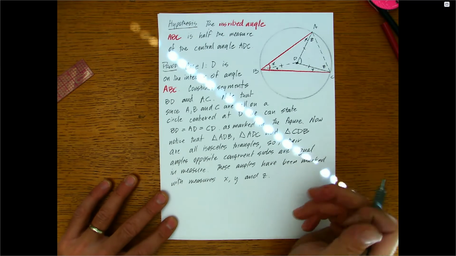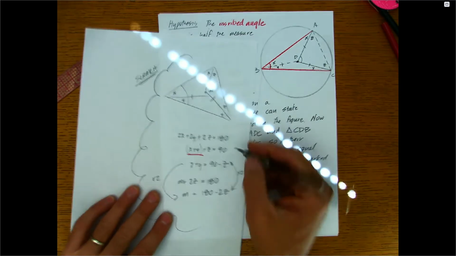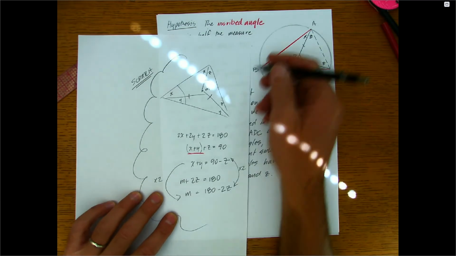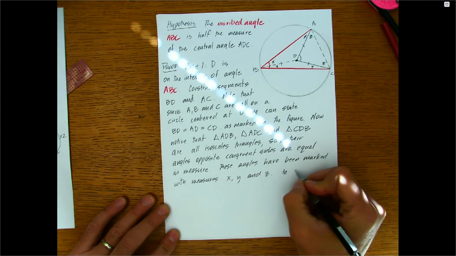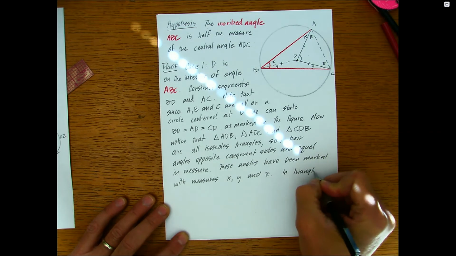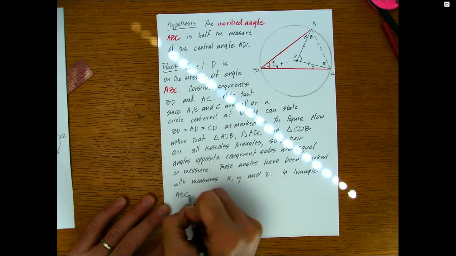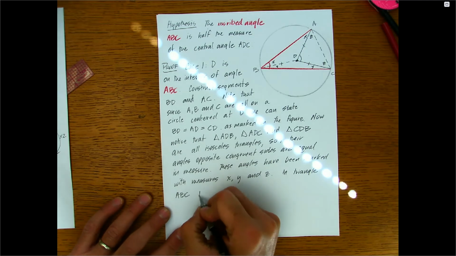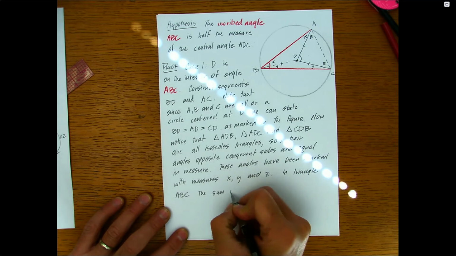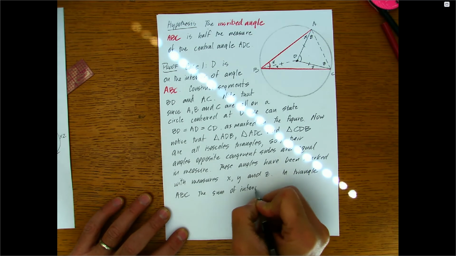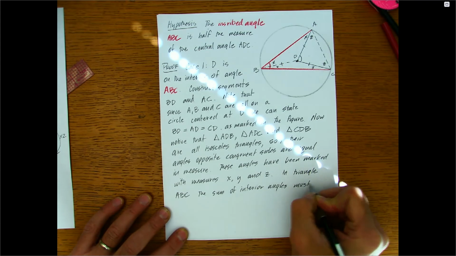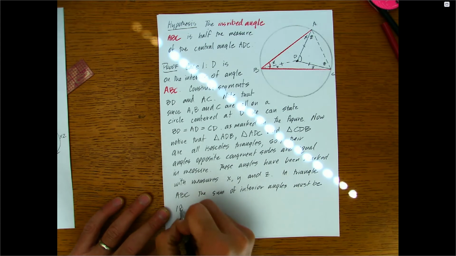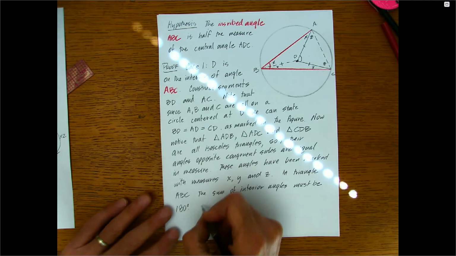Now we're going to use the triangle 180-degree angle sum on the big triangle ABC. So in triangle ABC, the sum of interior angles must be 180 degrees.